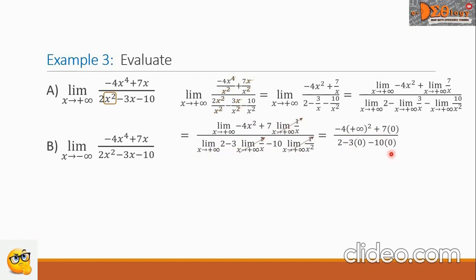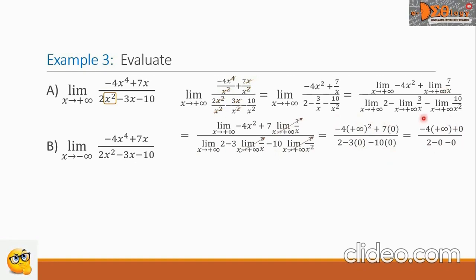Let us simplify further. The square of positive infinity will simply be positive infinity. 7 times 0 is 0. 3 times 0 is simply 0. And 10 times 0 is 0.